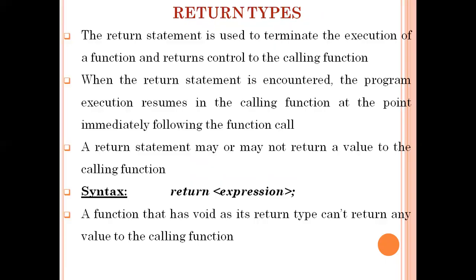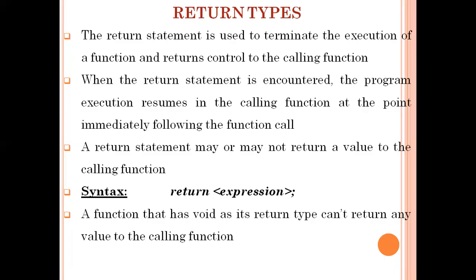We have already seen the return statement in the main function itself, right? If you define a main function with any data type except void, then the main function will surely return a value.